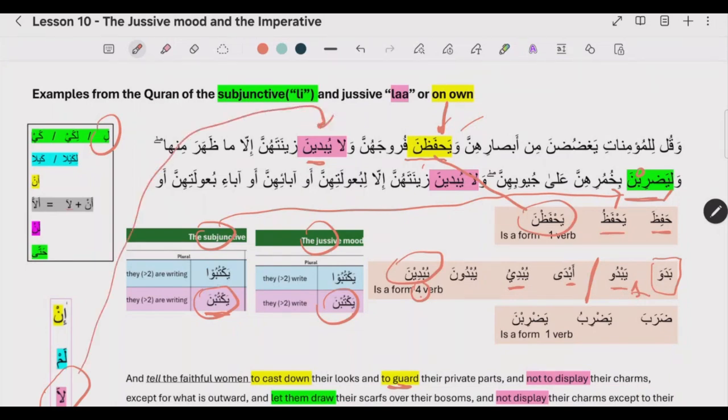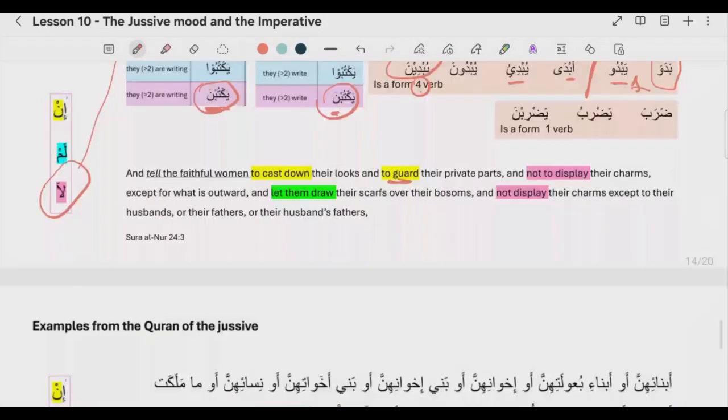So that's how you get the jussive in yubdina, and the same rule applies. And here wali yadribna, the li is the subjunctive, and you notice the jussive has the same feature as the subjunctive. So the li gives you the indication that it is a subjunctive verb, not a jussive.